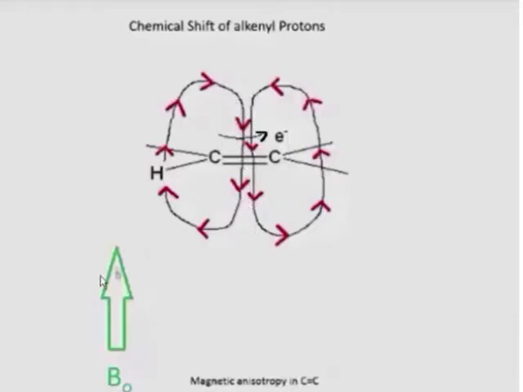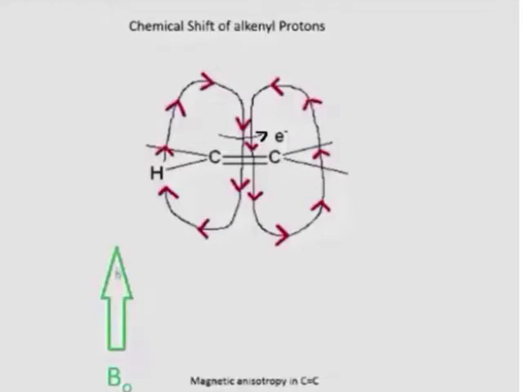Let's move around the magnetic field line loop to where the alkenyl proton is located, and you can see that the direction of the secondary field line is up and in the same direction as the applied magnetic field. So the net magnetic field felt by this hydrogen has increased. It is greater than the applied magnetic field alone.